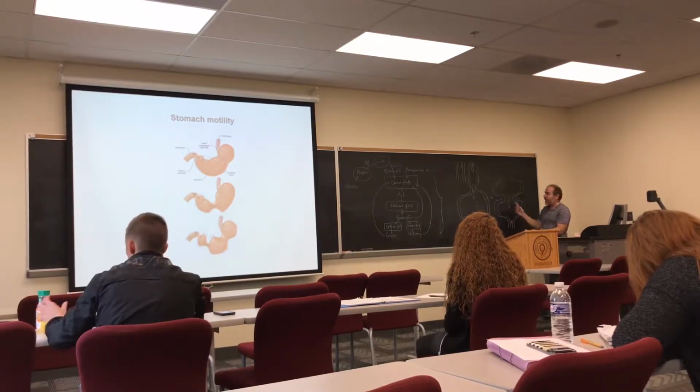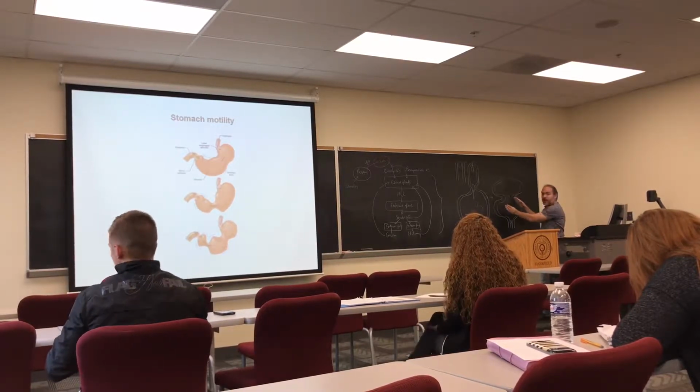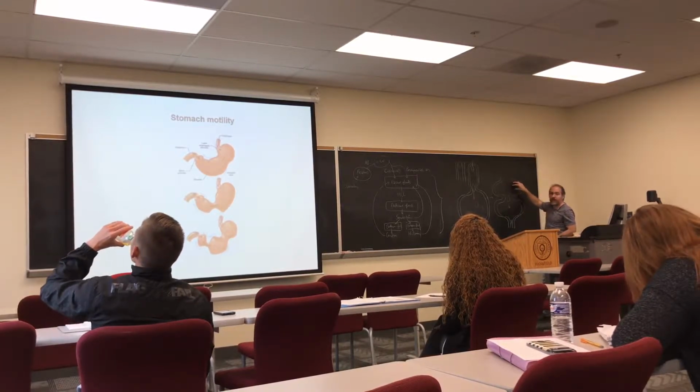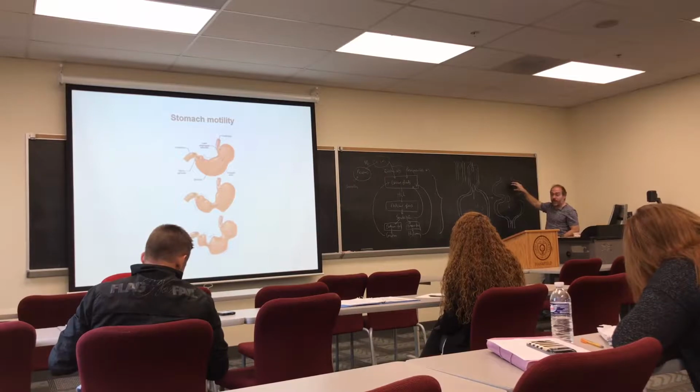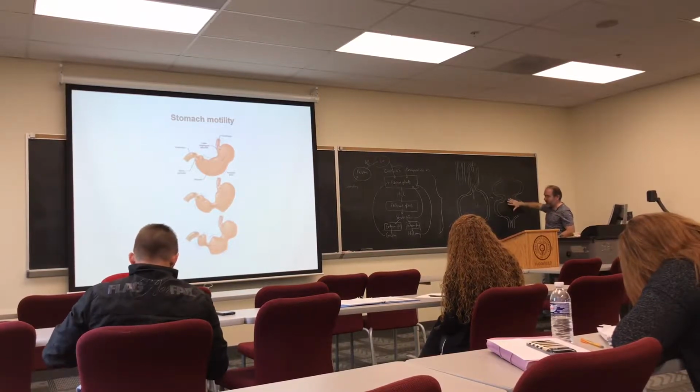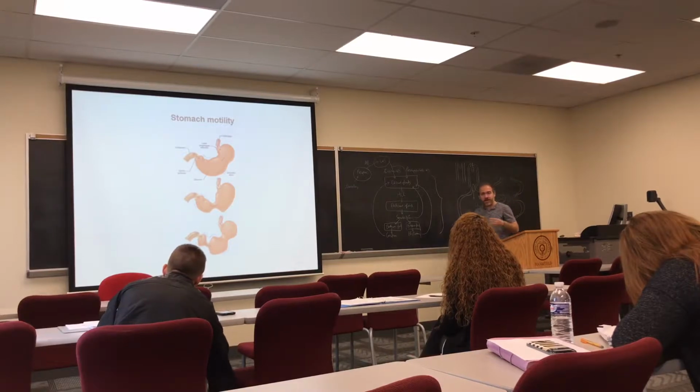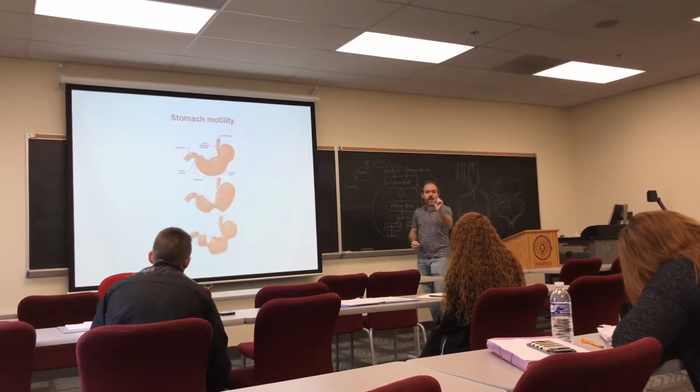All right? And then you start a new wave of contraction, and these food items are going to get another round of mixing with the enzymes and the hydrochloric acid, and they're going to be smaller.